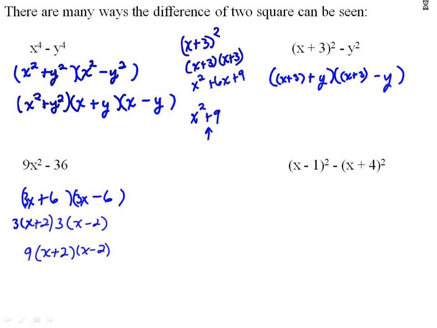How many of you would take this and get this answer and write it down on your answer blank? Probably 100% of you. You would stop right here. And you can't do that because it's not completely factored.